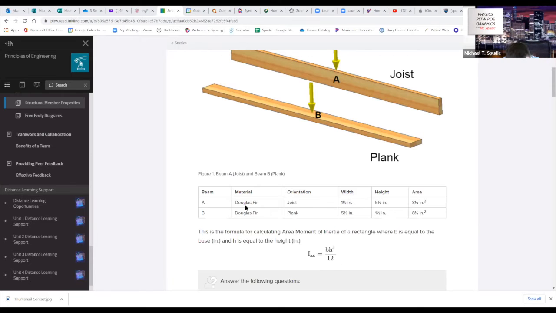Okay, so Douglas fir is a type of wood. They both are the same type of wood. They're really just different in orientation, as in plank versus joist. They have the same dimensions. They have the same area, but one will have a much different moment of inertia. And it's because we have to use this equation right here.